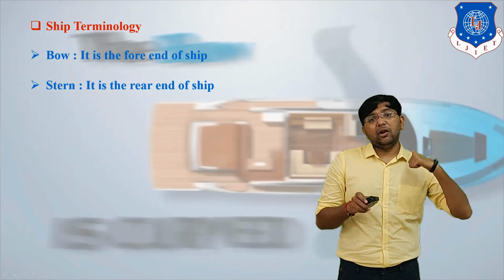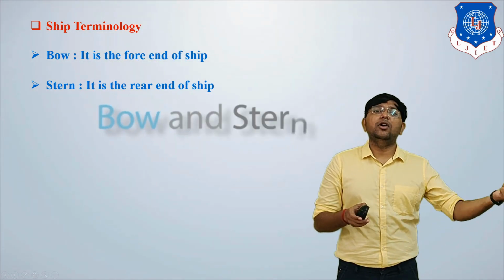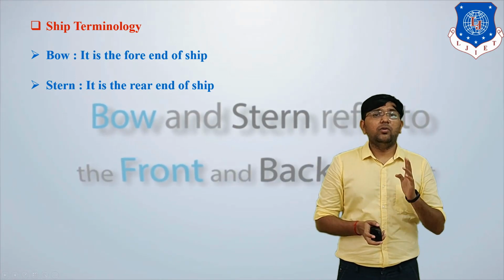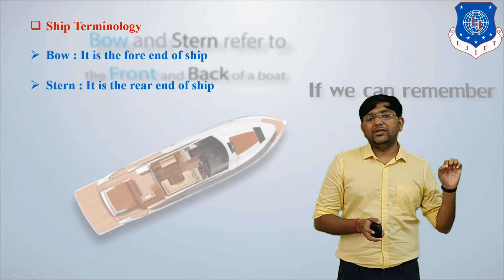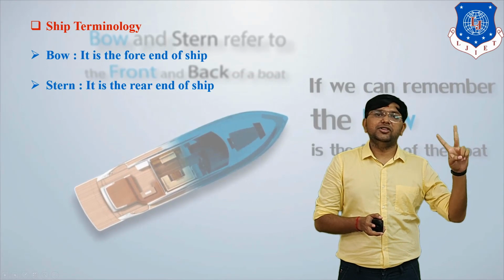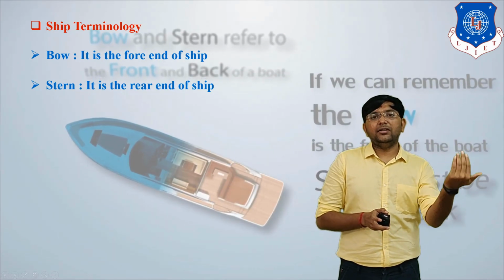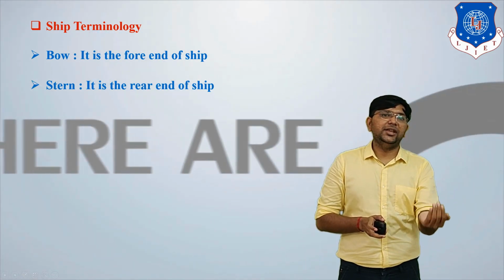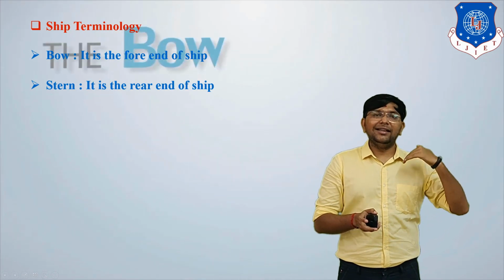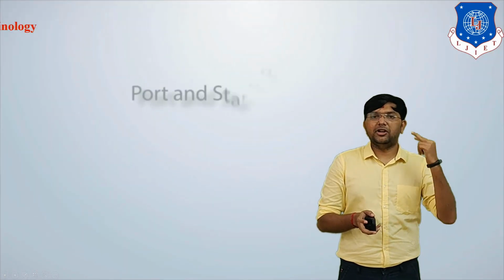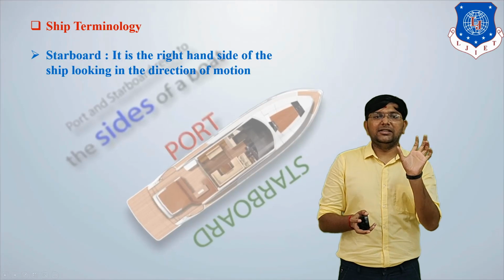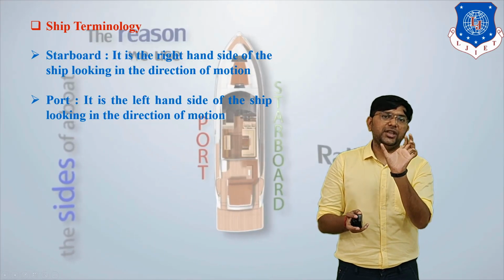The bow is also known as the fore end of the ship. So you have to remember these two words: bow indicates the front side or fore side of the ship, and stern indicates the rear side of the ship.